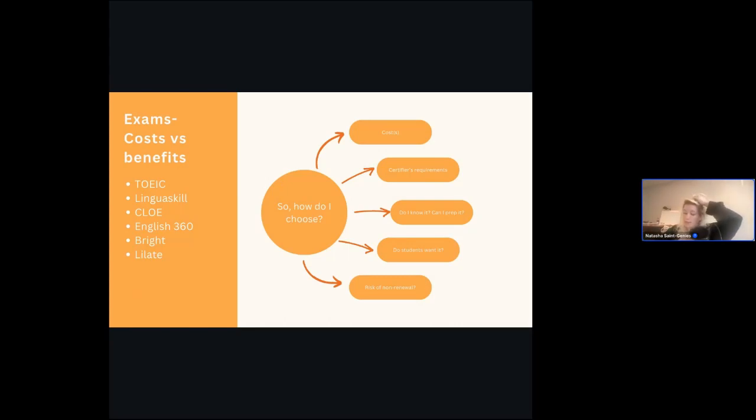And obviously, it's not all about CPF. So if you're working with companies, you can offer LinguaSkill for that, or people that are self-funded, for example. I don't think it's a bad exam. And what's good about LinguaSkill is, there's no retainer cost again, but the exam itself is not cheap. Compared to others, it's 168 euros, tax included per exam, which is quite high, probably one of the highest.